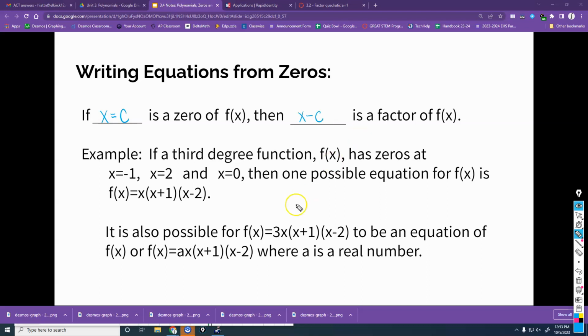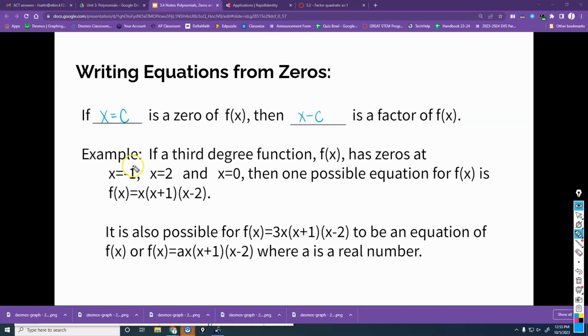So, for example, if I know that I have a third degree function and it has zeros at x equals negative 1, x equals 2, and x equals 0, then one possible equation for this would be x plus 1 times x minus 2 times this x right here. Now, if I wanted to, I could have called that x minus 0, but I don't need to call it x minus 0 for that.